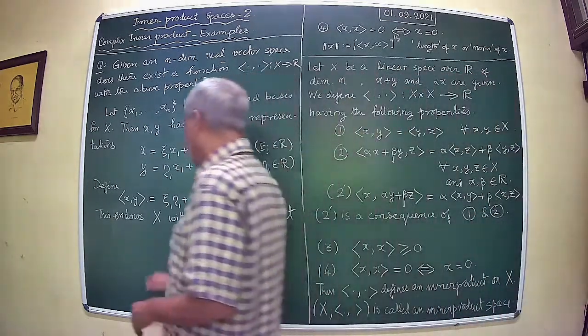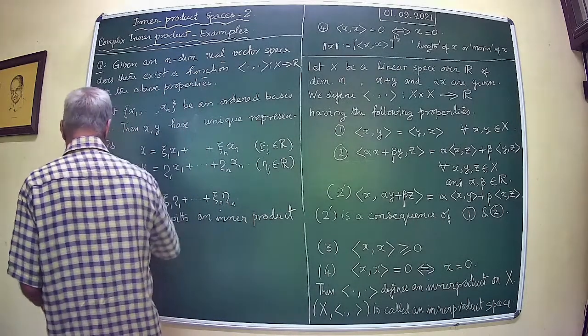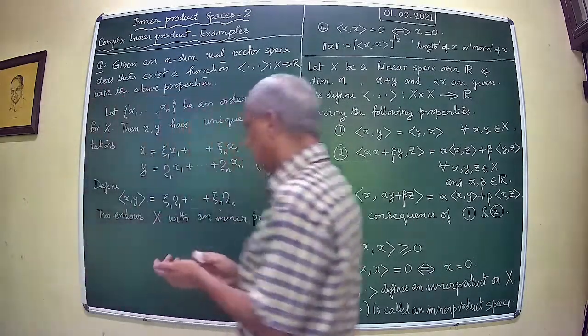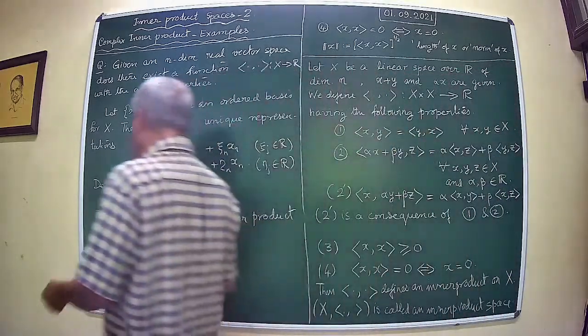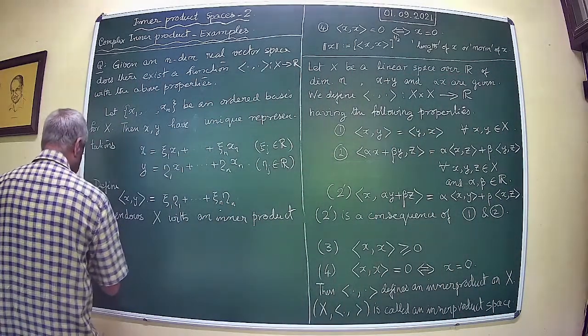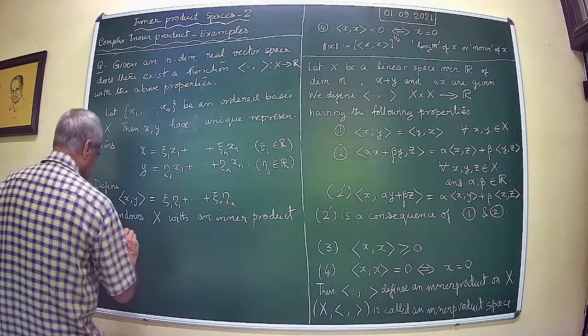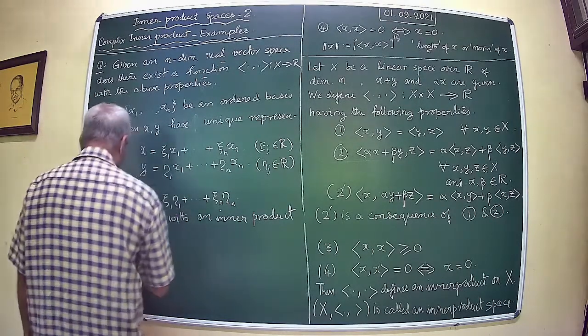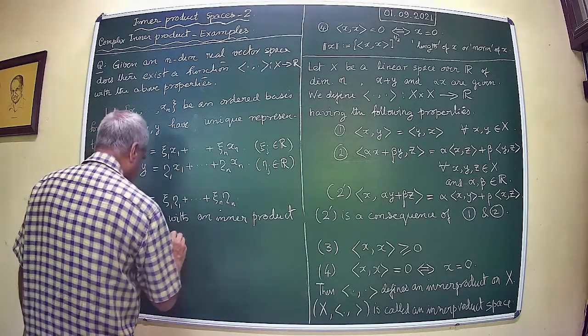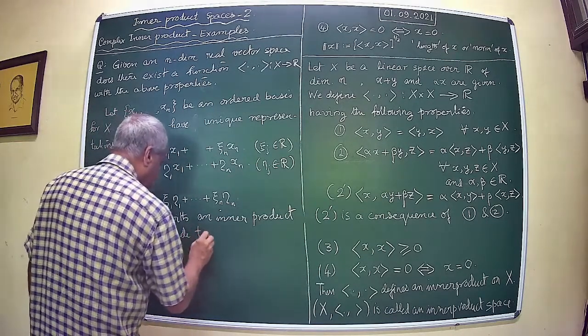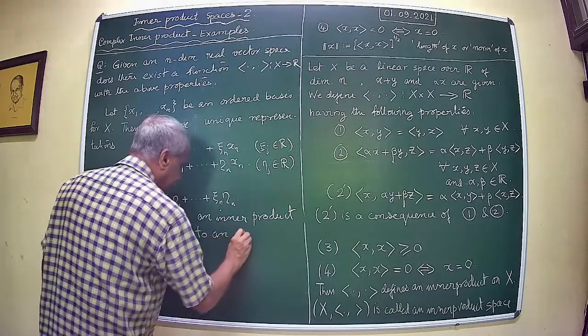So that gives an inner product. Once you verify that, it's quite easy to verify. Okay. X can be made into an inner product space.